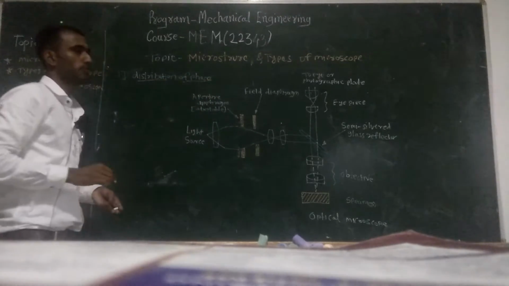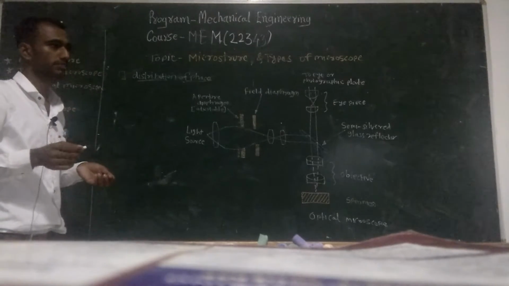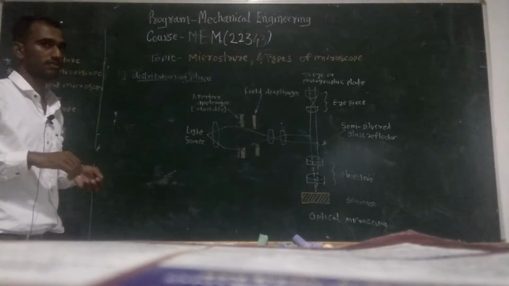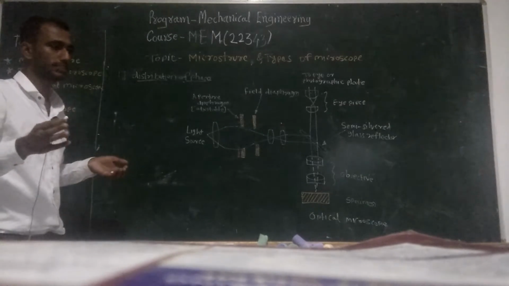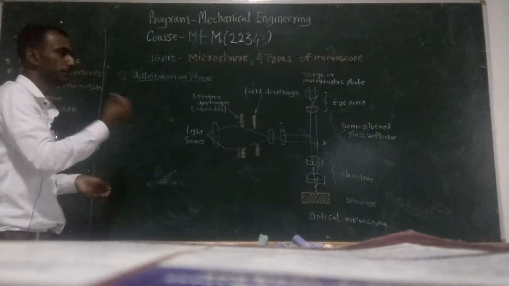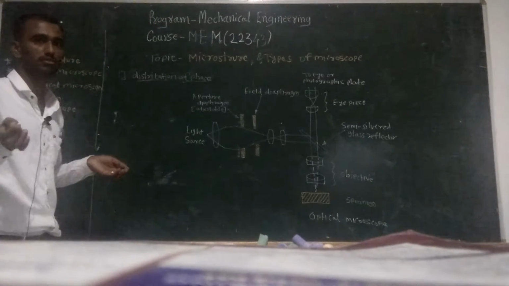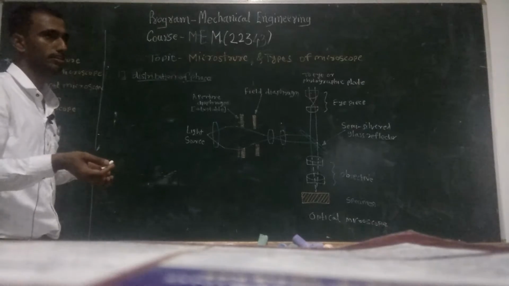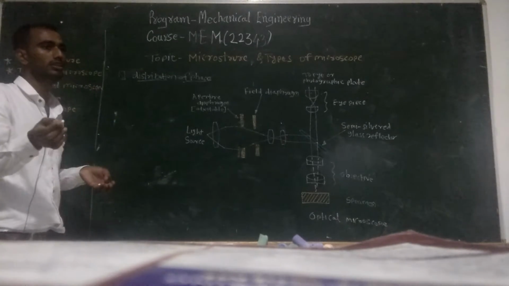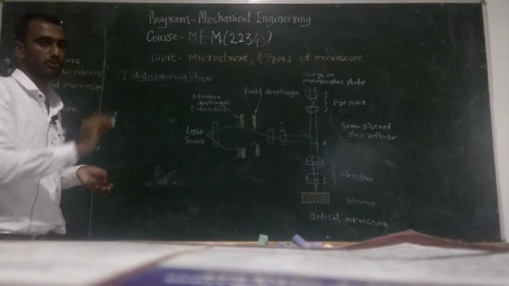Okay. While we study the microstructure of particular metals, from that we get knowledge of different phases like ferrite, cementite, ledeburite. These are the phases of the metals. They form according to temperature or carbon content in that particular metal.